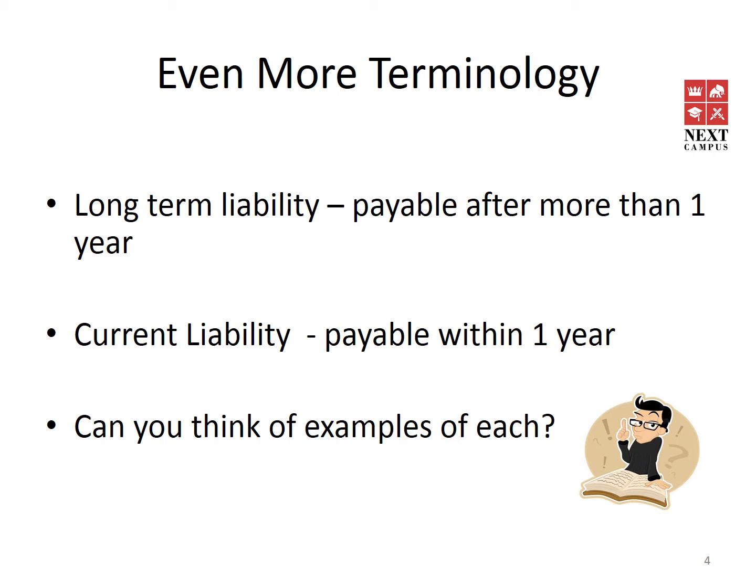Long-term means a period of more than 1 year, and current or short-term means a period within 1 year. So long-term liability examples are the portion of a long-term loan, hire purchase or lease that has to be paid in a period of more than 1 year.